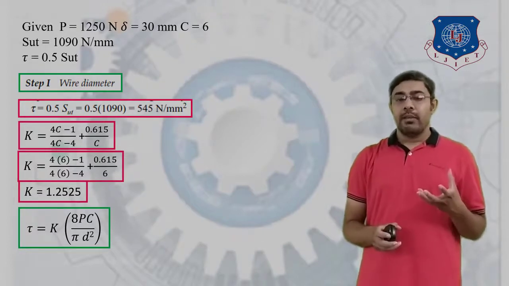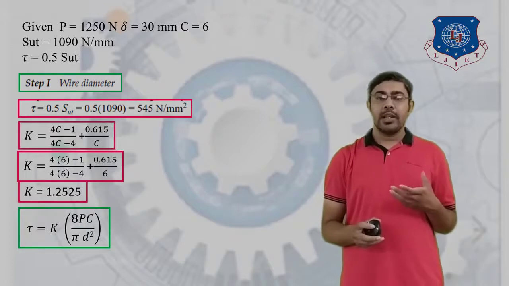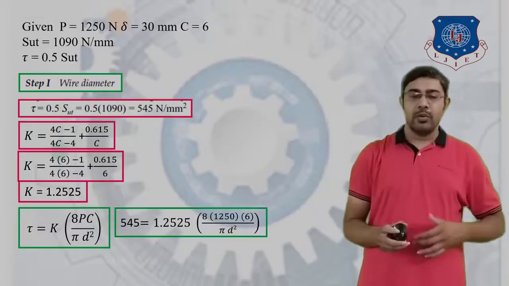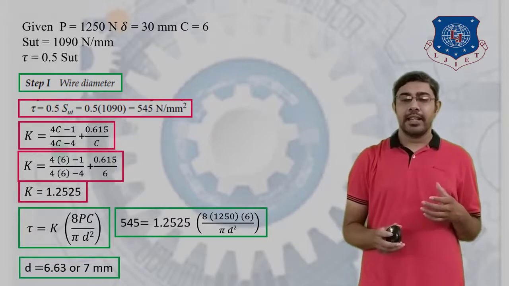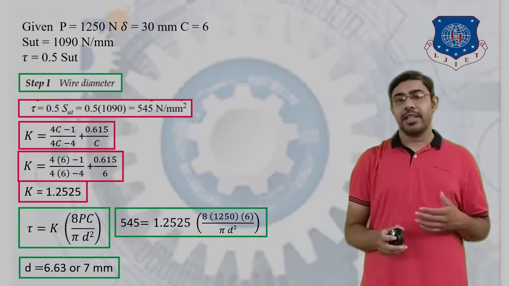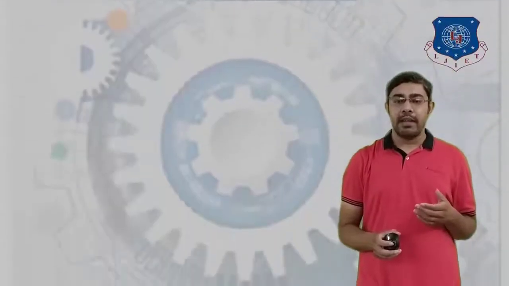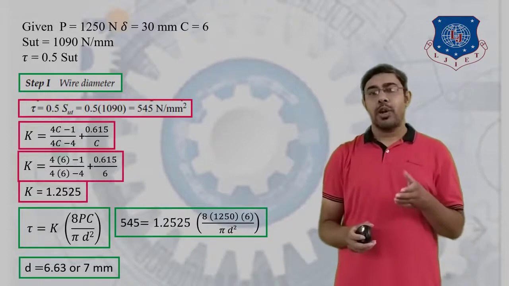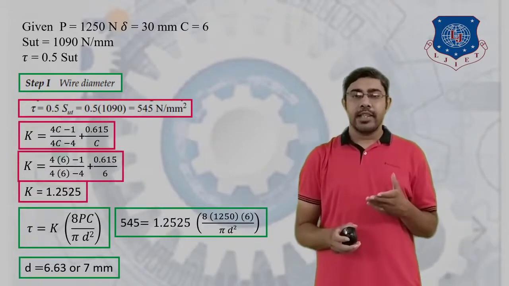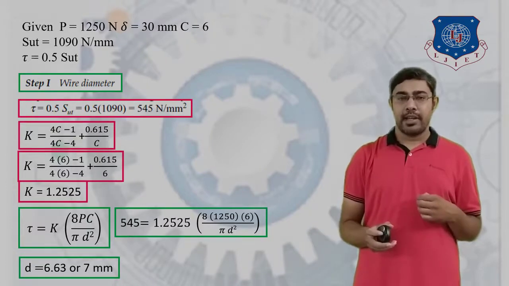So if we place the values of all these things, we can calculate small d, that is the wire diameter. By placing all these values and simplifying the equation, we get small d, the wire diameter, equal to 6.63, or you can say 7 mm. So this is the wire diameter, 7 mm.